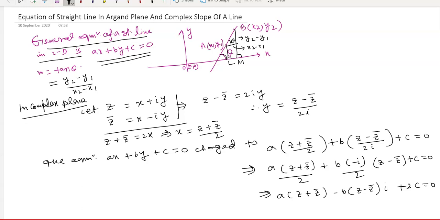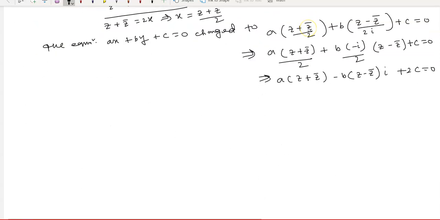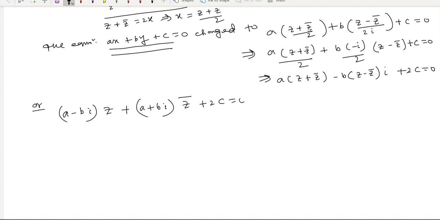C is a real number. We have borrowed c from here only, no? So we can write the equation in this form. If you take the terms of z only, it will be (a minus bi) into z, and z bar is (a plus bi) into z bar, plus 2c equal to 0.